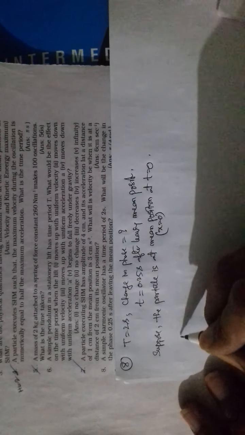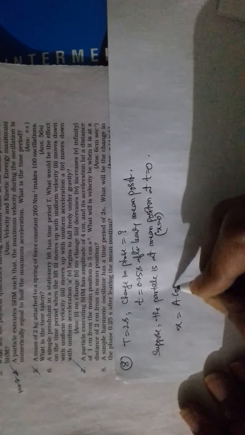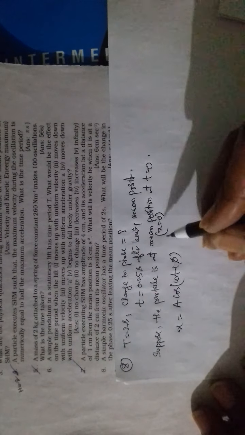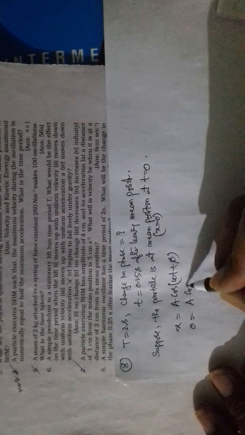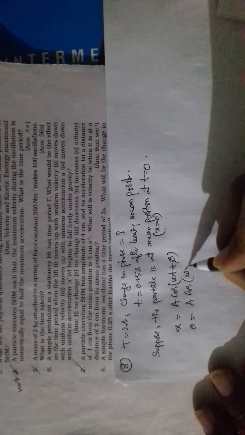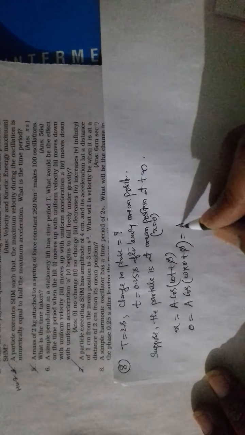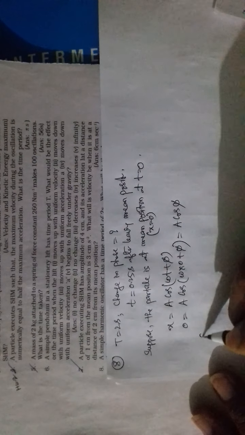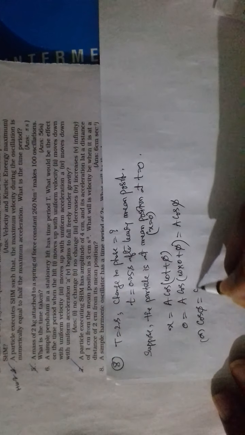So the expression for displacement is x is equal to A cos(ωt + φ). In this, let us substitute the values. 0 is equal to A cos φ, or cos φ is equal to 0 by A, which is 0.